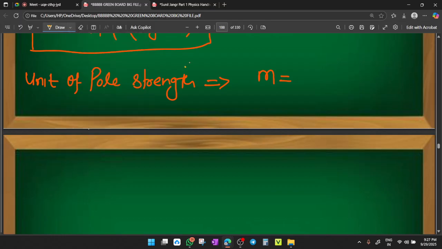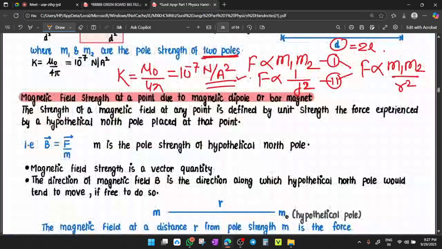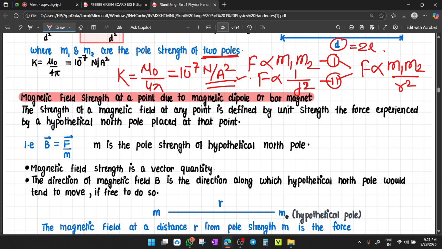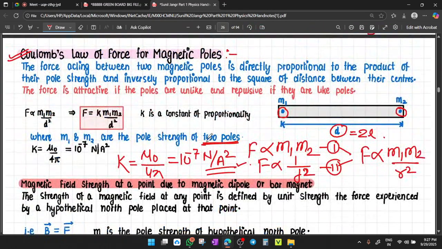You have forgotten. Okay, the unit of pole strength m is ampere meter. Unit of pole strength is ampere meter. Clear? Nitin, please write the Coulomb's law.